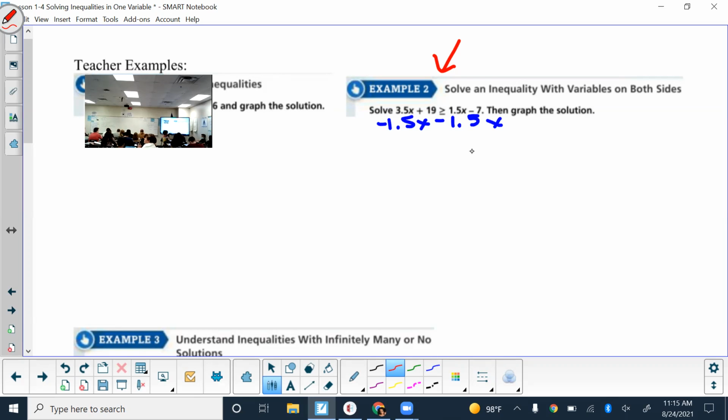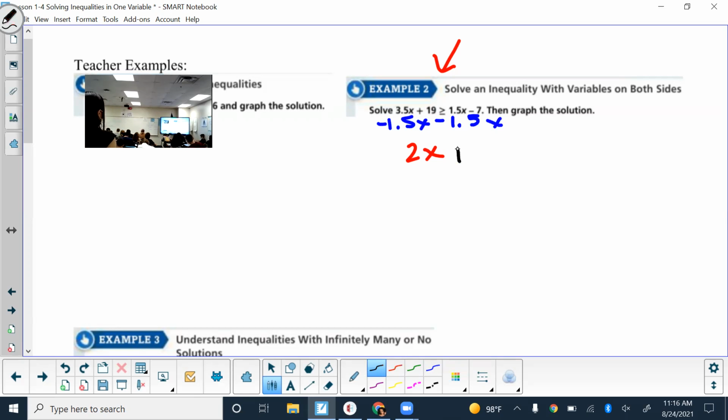Is it 2.5? Don't be afraid to use a calculator. It's not 2.5. It is 2. All right, no mental math on the test. All right, and then bring everything else down.